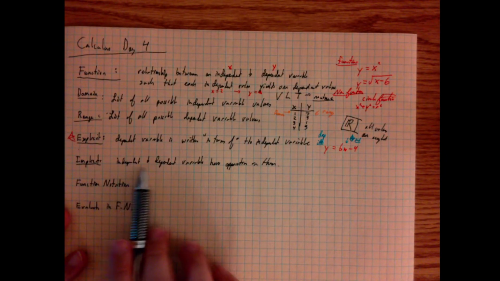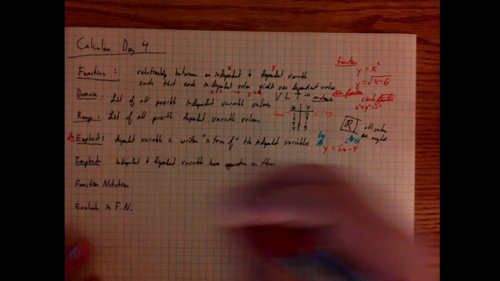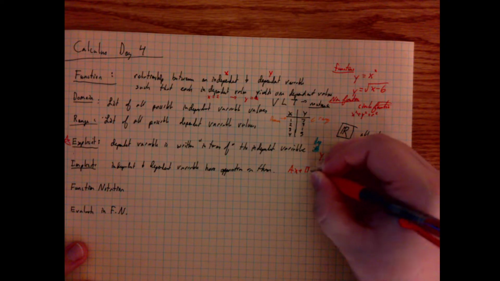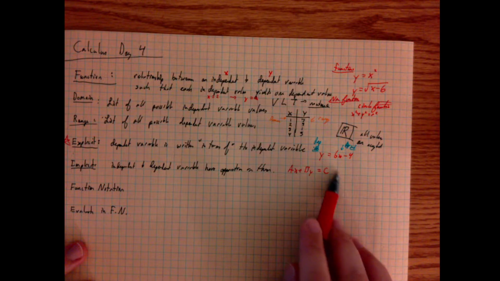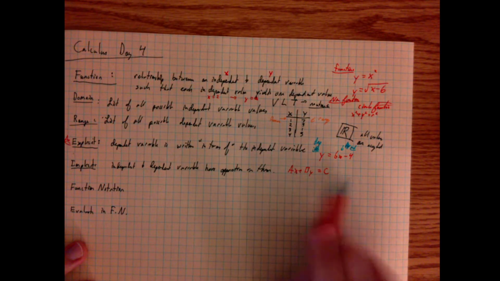These are ones where you have independent and dependent variables interacting. If you remember back in algebra, things like ax plus by equals c, this was a standard form of a linear equation. And this is implicit, because notice no variable is solved for.